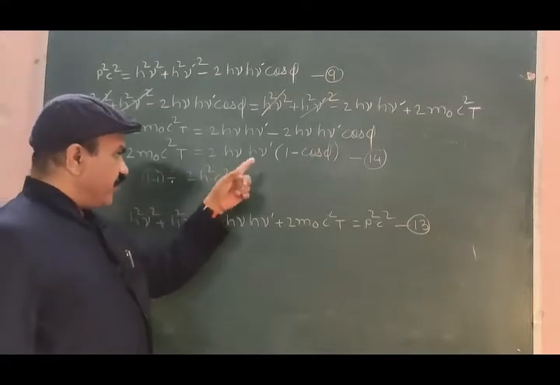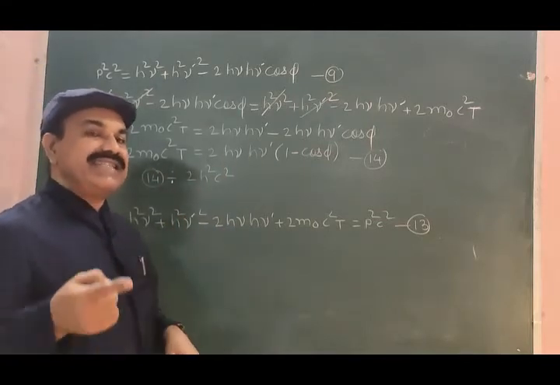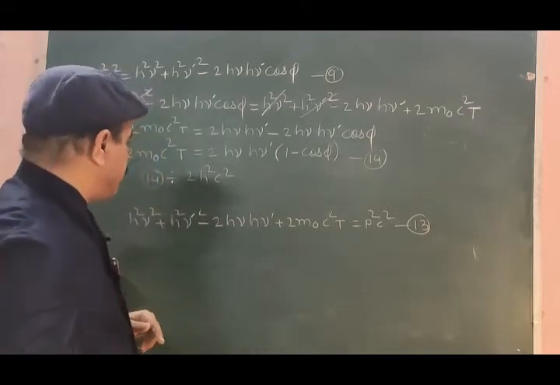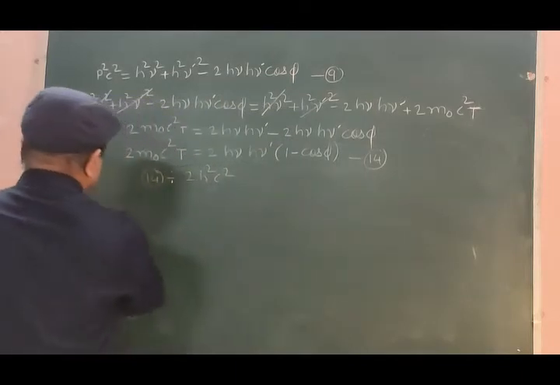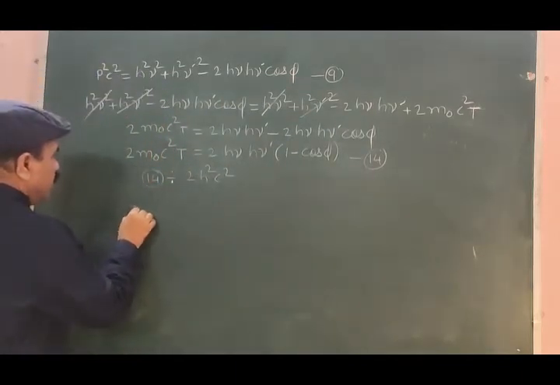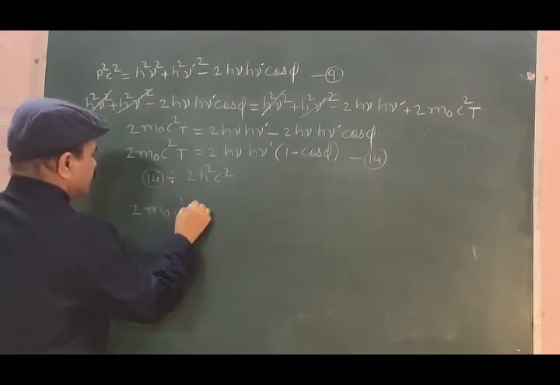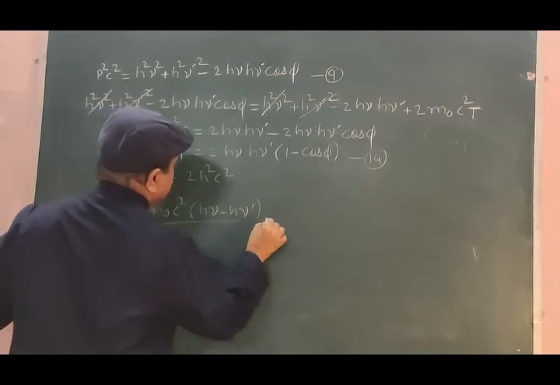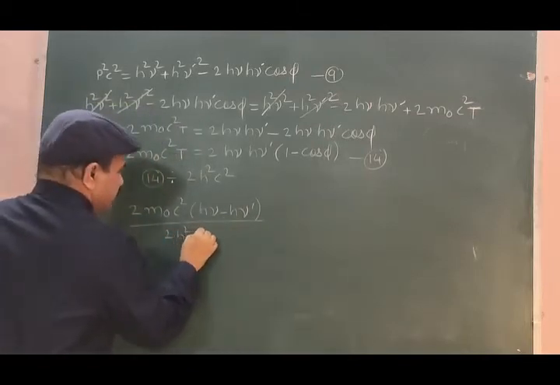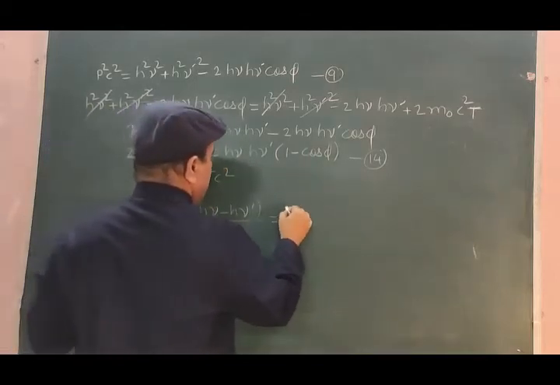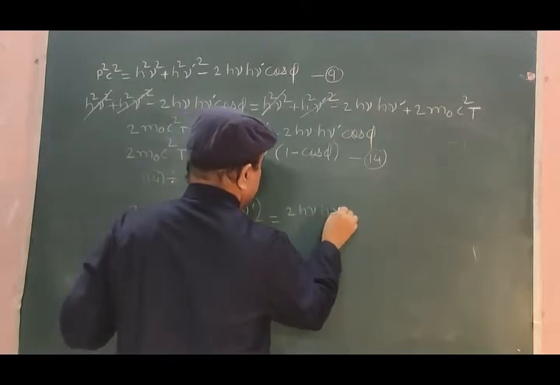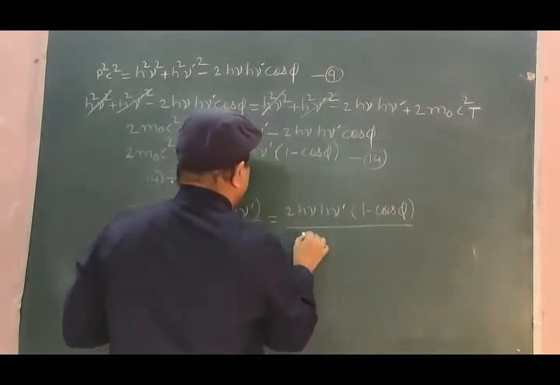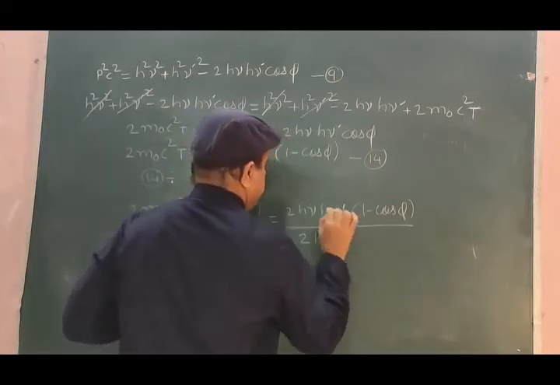So, after doing this, we will get 2 m0 c square into h nu minus h nu dash, divided by 2 h square c square, is equal to 2 h nu dash into 1 minus cos phi, divided by 2 h square c square.